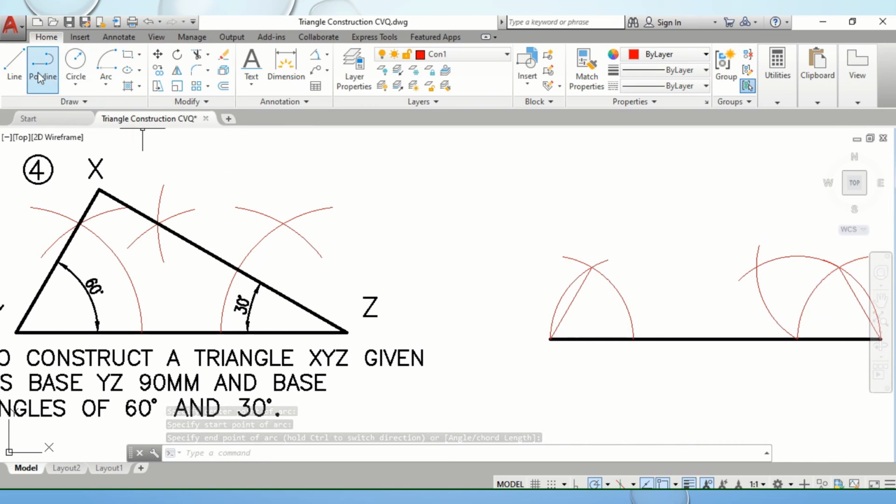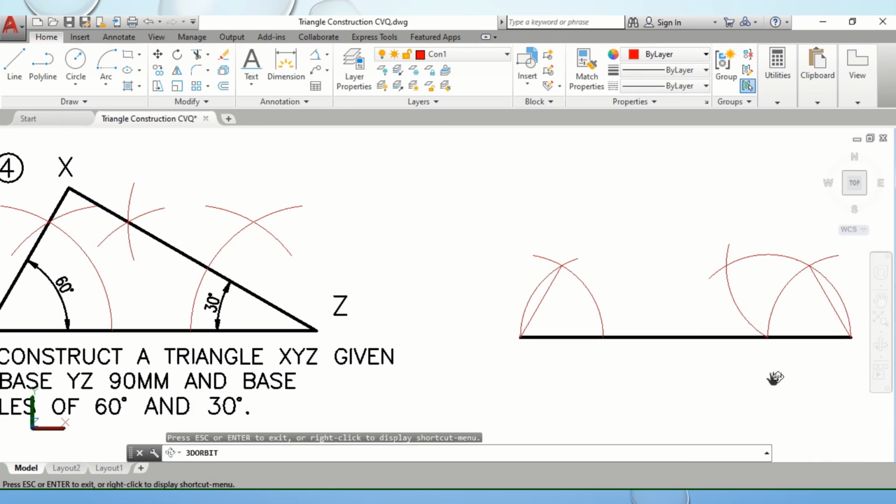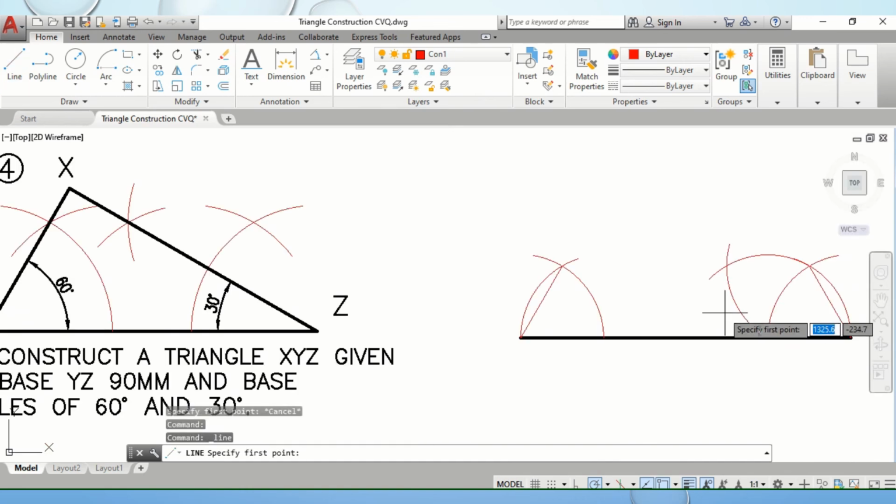And what we would get now, let's shift this across a little bit. So we have our base angles.